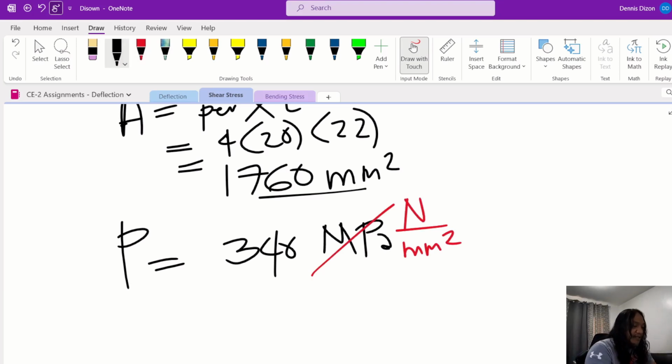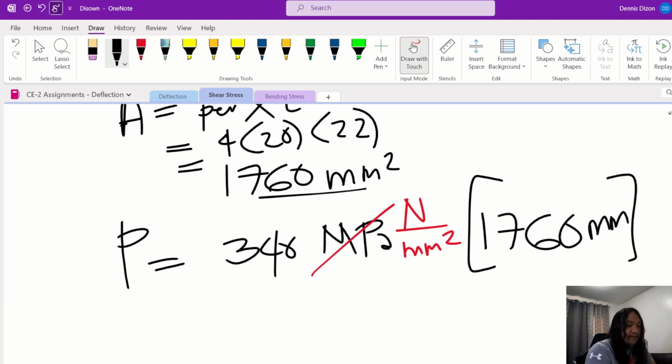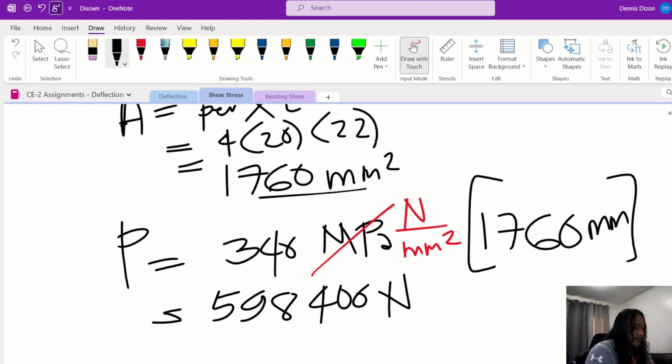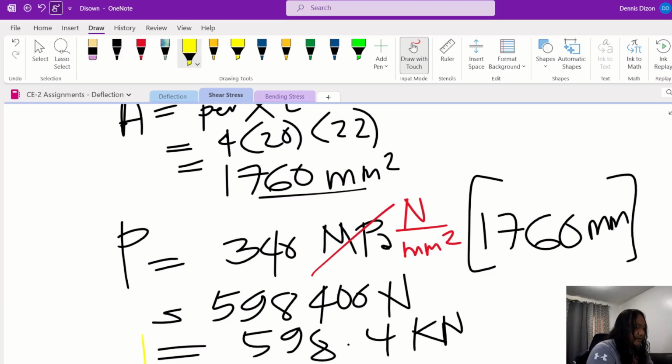And then multiply this by our area, which is 1760 millimeter squared. Then our P is, so 340 times 1760, this is 598,400 Newton, or this is equal to 598.4 kilo Newton. So let's check his answer.